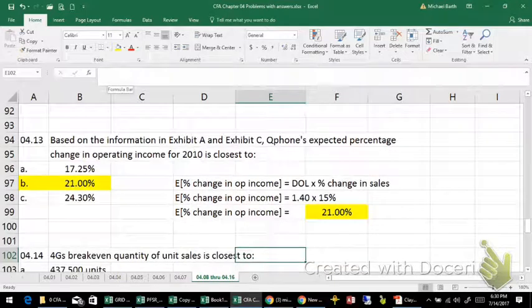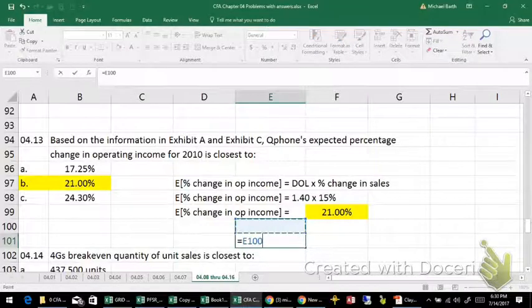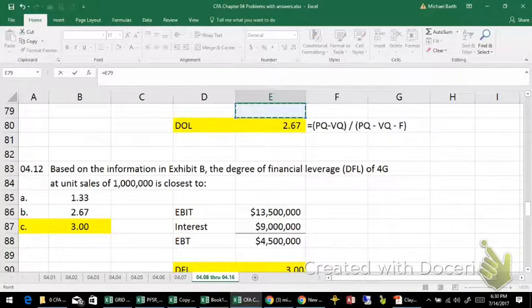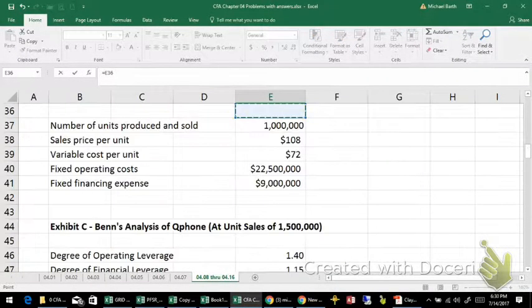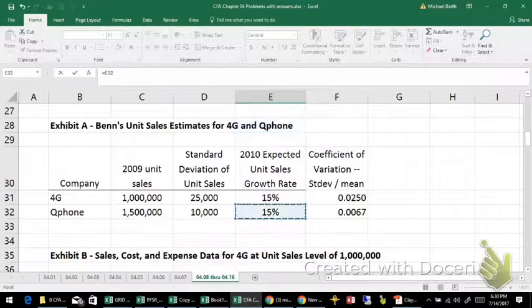Going on to 4.13, based on the information in Exhibit A and Exhibit C, we're calculating Q-Phone's expected percentage change in operating income. Exhibit A tells us that Mary Ben has forecast the unit sales growth in 2010.